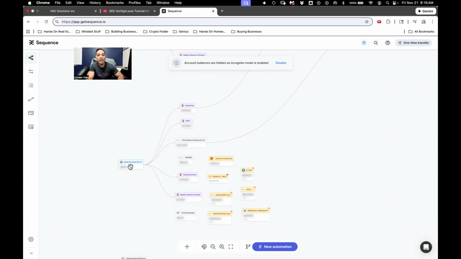Okay. Now, from this pod, there are a couple of different buckets that money automatically gets allocated to. There is my owner's pay, because when I'm working a business, I want to make sure that I'm paying myself personally where I can take that money and spend it on whatever I want.